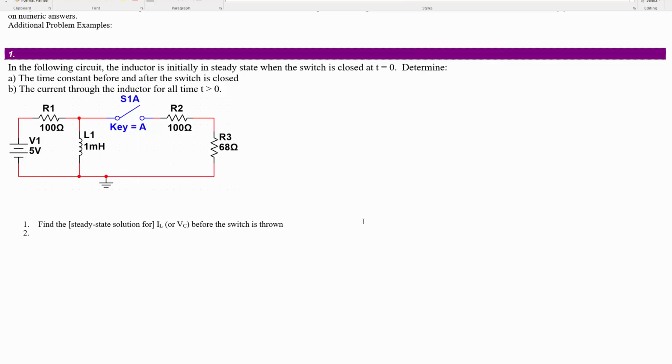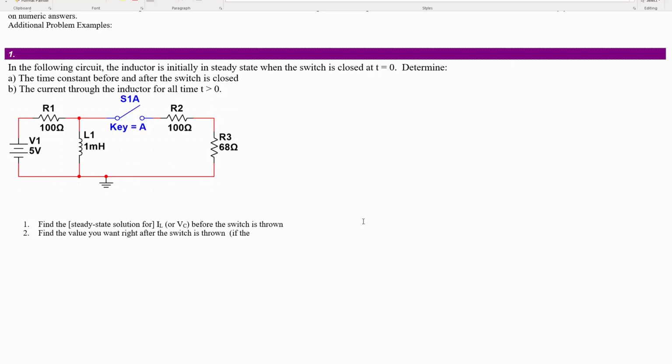Then, once you've got that, what you need to do is find the kind of value you want right after the switch is thrown. So this might be the same as the value that you already found before the switch is thrown.